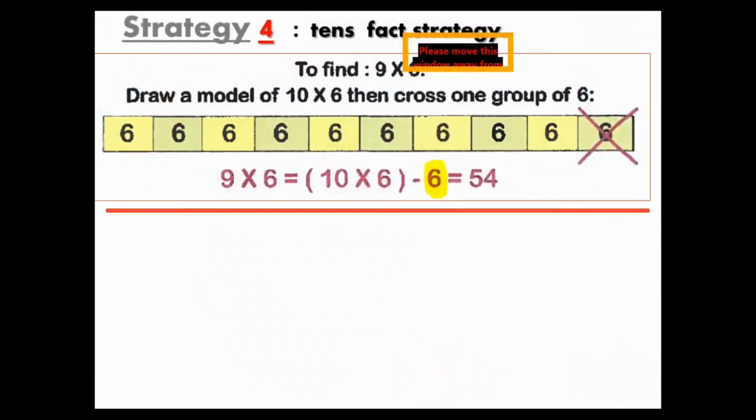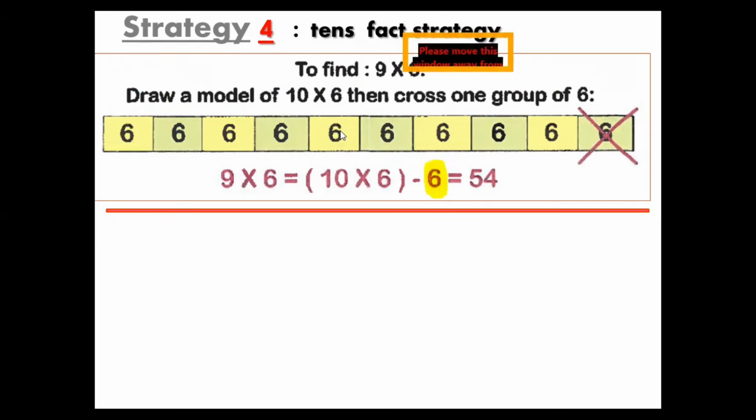Strategy number 4 is the tens fact strategy. Here I want to get the product of 9 by 6. To get the product of 9 by 6, we will draw a model of 10 by 6. Here we have 10 groups, each group has 6.